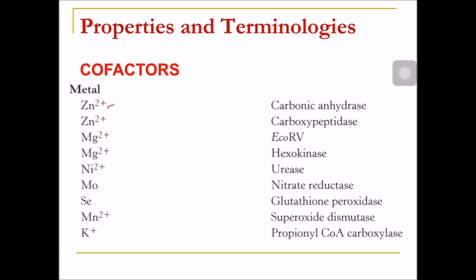For example, zinc ions are needed for the activity of carbonic anhydrase and also carboxypeptidases. Magnesium ions for EcoRV and also hexokinase. Nickel for urease, and so on. So ang point dito is, for this to be functional, cofactors or metals ions are needed.